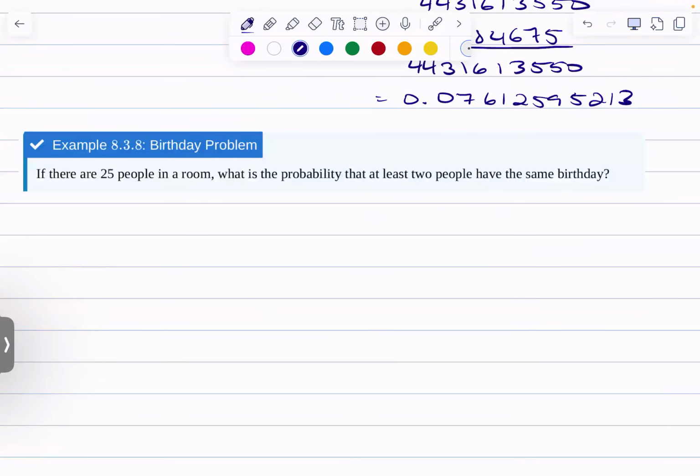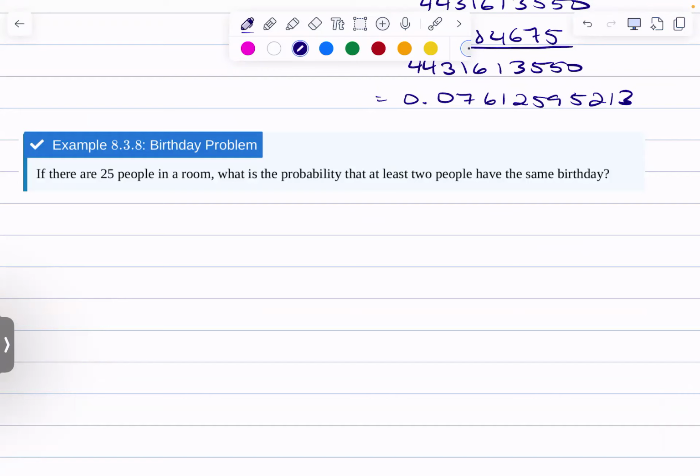If there are 25 people in a room, what's the probability that at least 2 people have the same birthday? When I see "at least," I want you to be thinking that probably the complement is the way to go, and it will be.